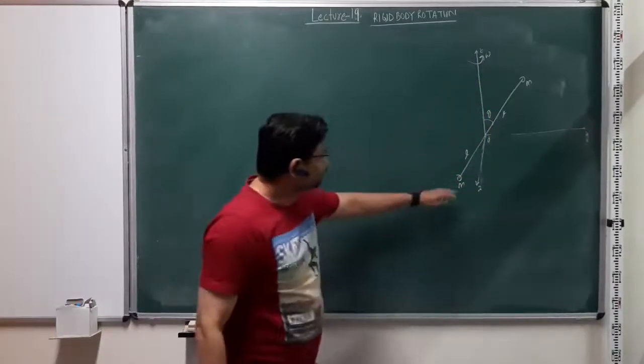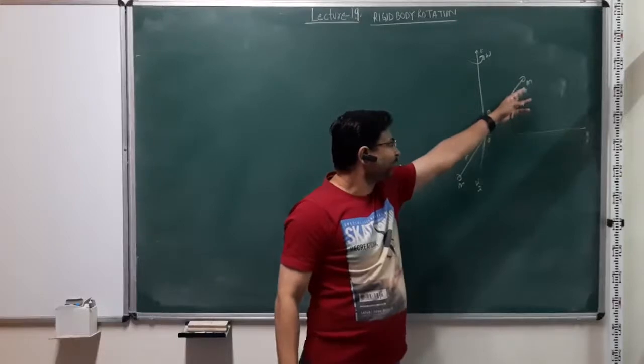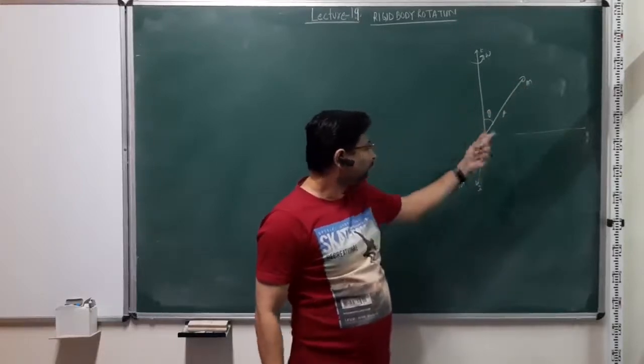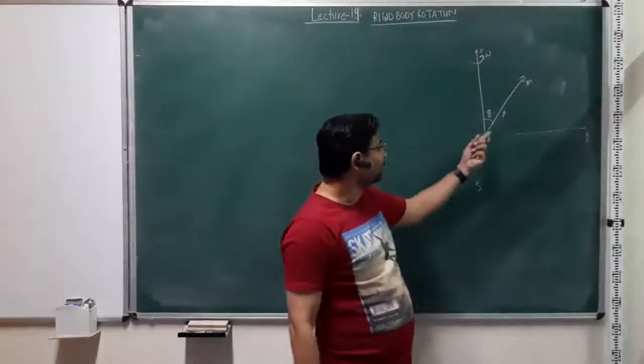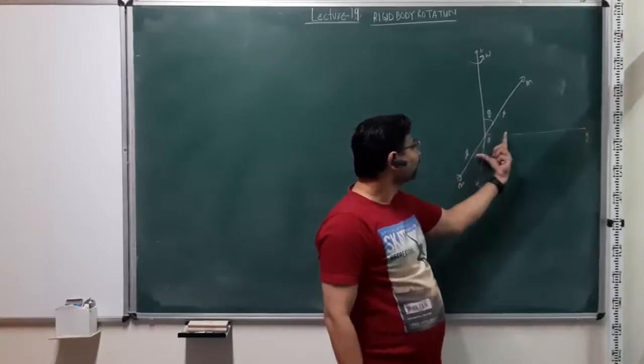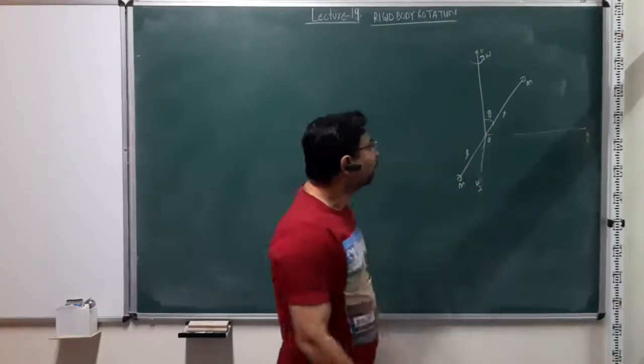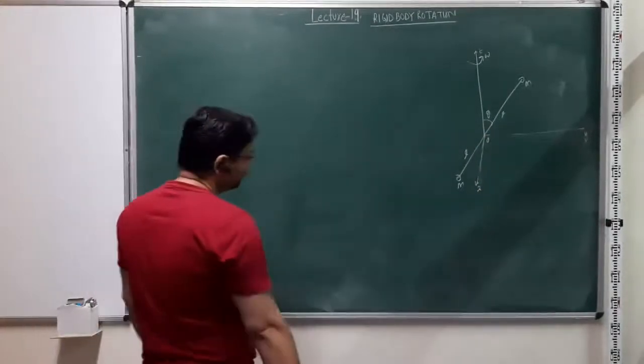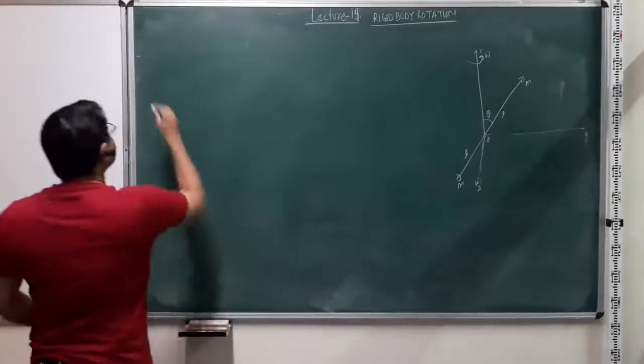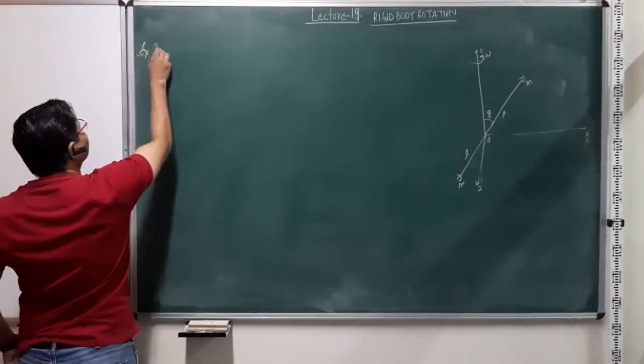We have two spherical masses M and M, with the same magnitude, which are connected by a massless stick, right? So let's say example 3.